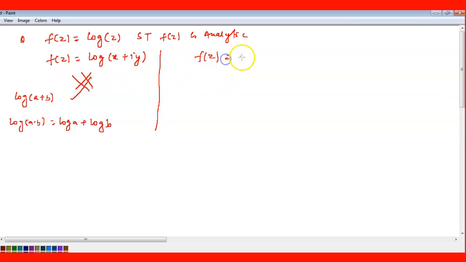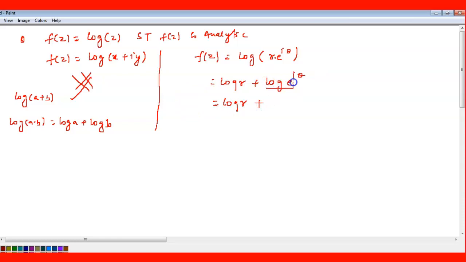So log of the polar form is what you will put, r into e power i theta, right? Now here log of a into b is given, log of a which is r and b is this. So we can write log of r plus log of e to the power of i theta, right? So this is log of r, plus i theta log of e.